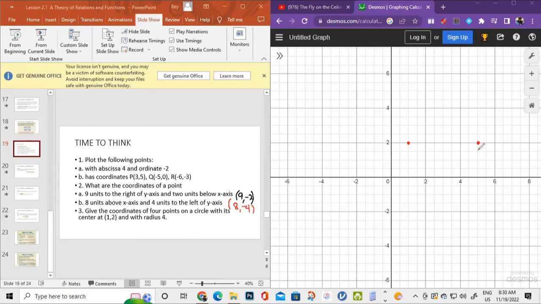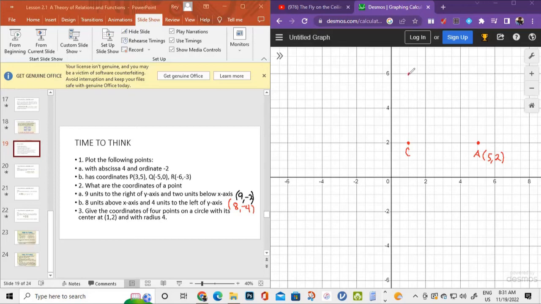Gawin natin siyang point A. So, ang coordinates niya ay 5, 2. So, meron na tayo isa. Next, again, ito yung ating center, point C. Then, pwede tayong mag-allocate ng point above ng C. Started 1, 2, 3, 4.